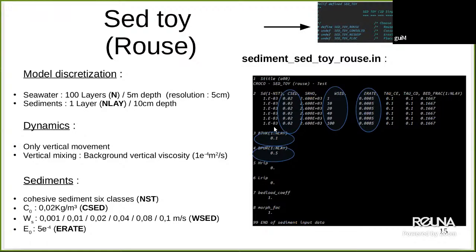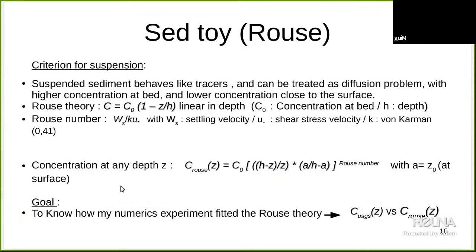Each mud class has a different settling velocity here, and we are using the same erosion rate. And we want to see if the model fits with the theory of Rouse.